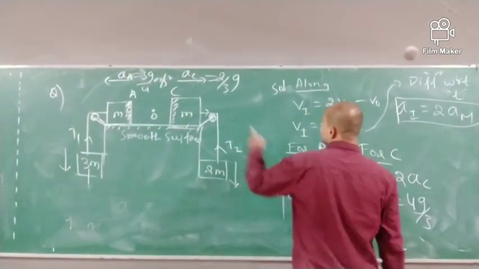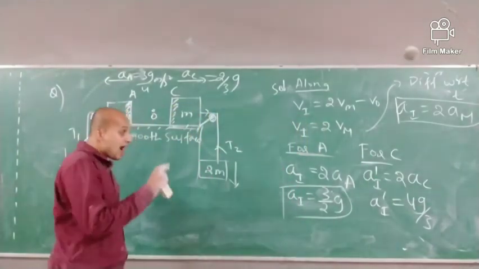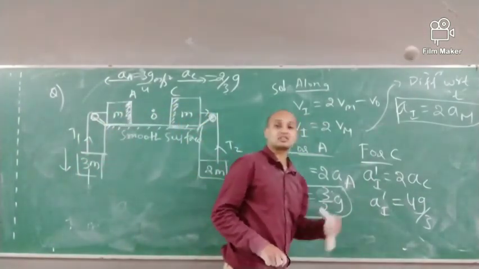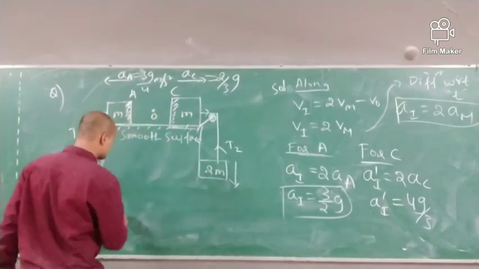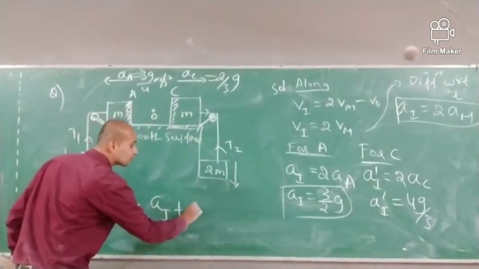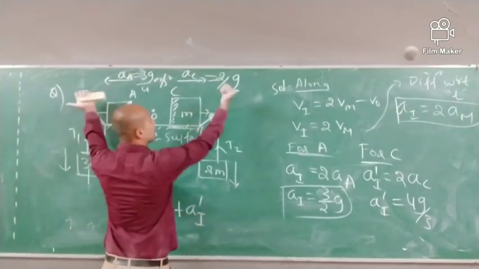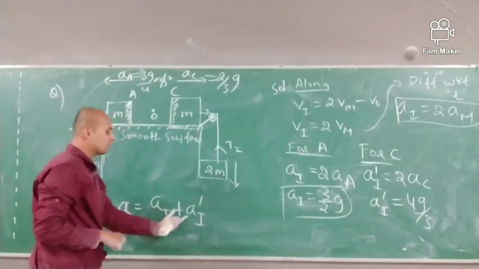For C it is 4G by 3. Now acceleration with respect to each other will be equal to acceleration of image plus acceleration of A dash, because both are moving in opposite direction, so it will become plus.